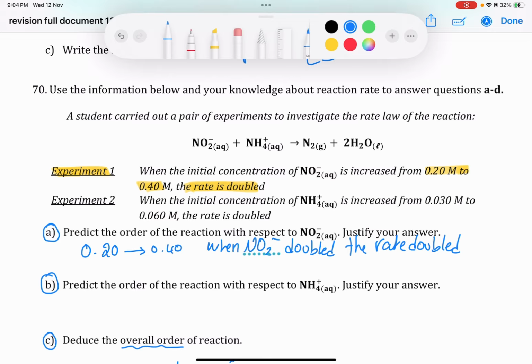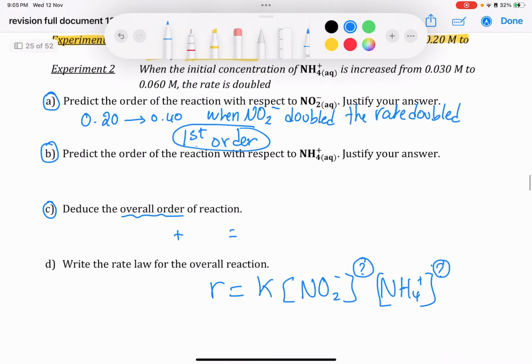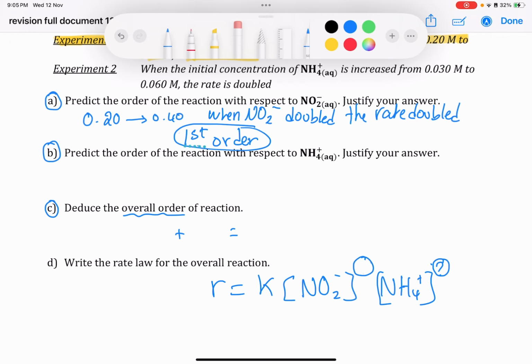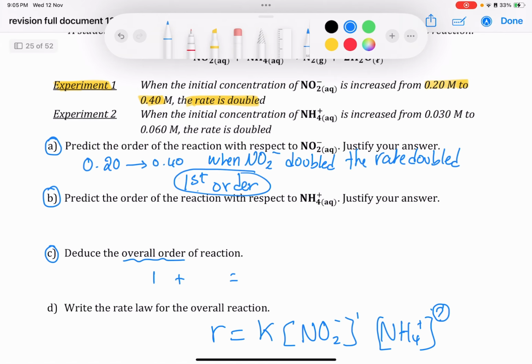This means that NO2- is first order. Now I can erase this and I know it is just 1, so I don't have to write it.